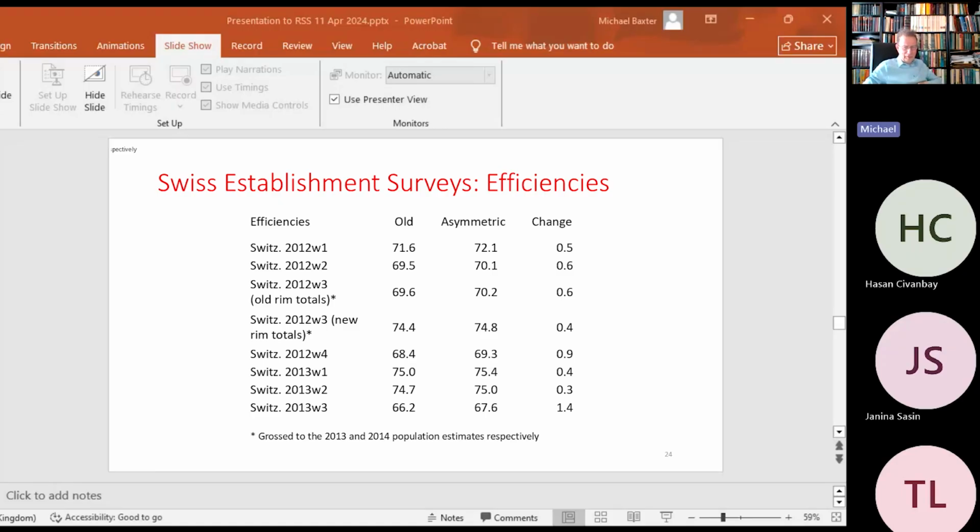Then we got revised data which were significantly different, so I redid it. That's why we've got 2 lines there. So you can see that in every case, the efficiency has gone up slightly. It's not miraculous. It's not that the efficiency has doubled or anything, but it is a worthwhile increase.